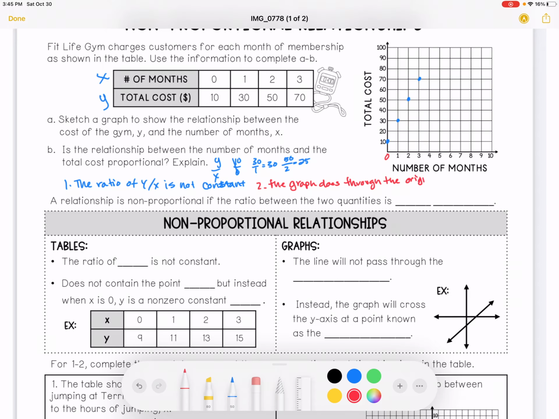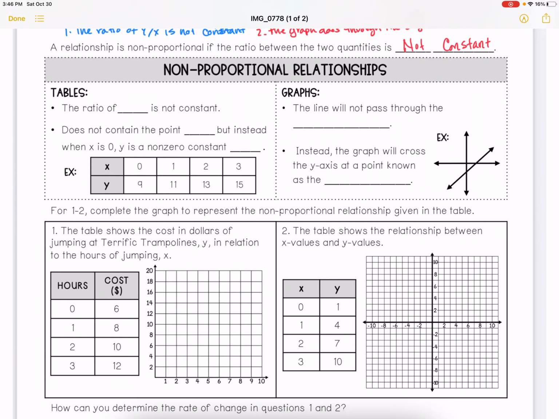All right, so the last question says, a relationship is non-proportional if the ratio between the two quantities is not constant. Okay, so non-proportional relationships. Let's fill out the dotted boxes.